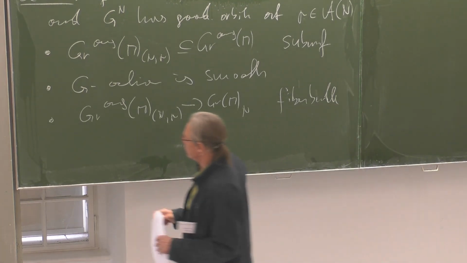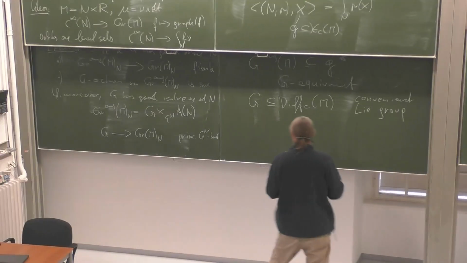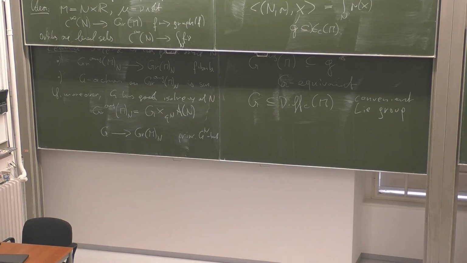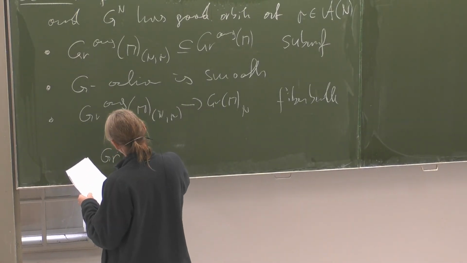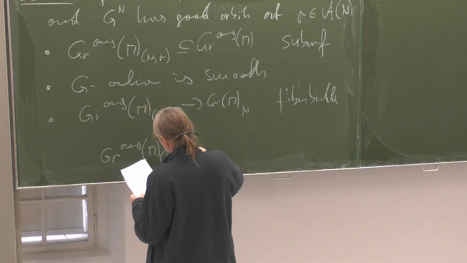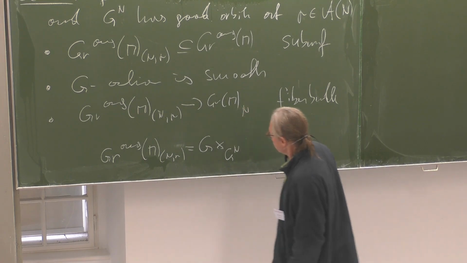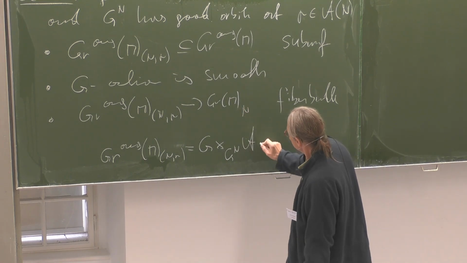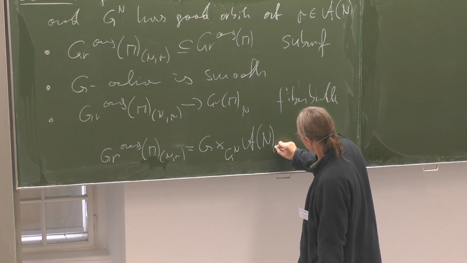If, moreover, we are in the situation that the isotropy is good, that can be described as an associated bundle. We now just take the orbit gamma here.